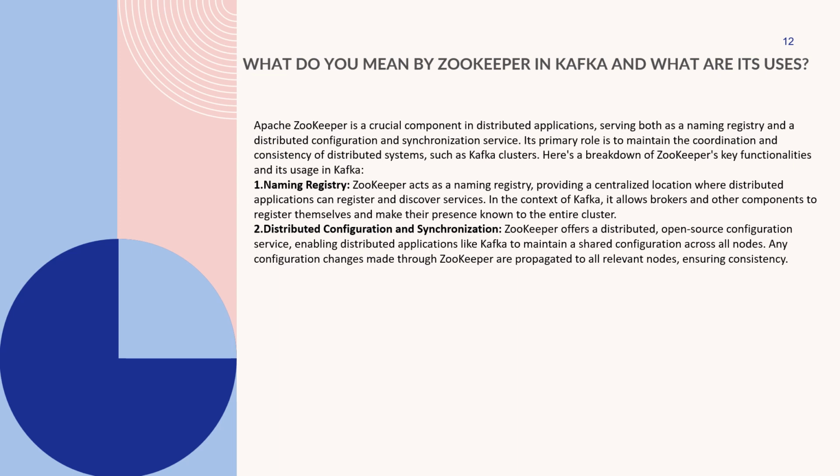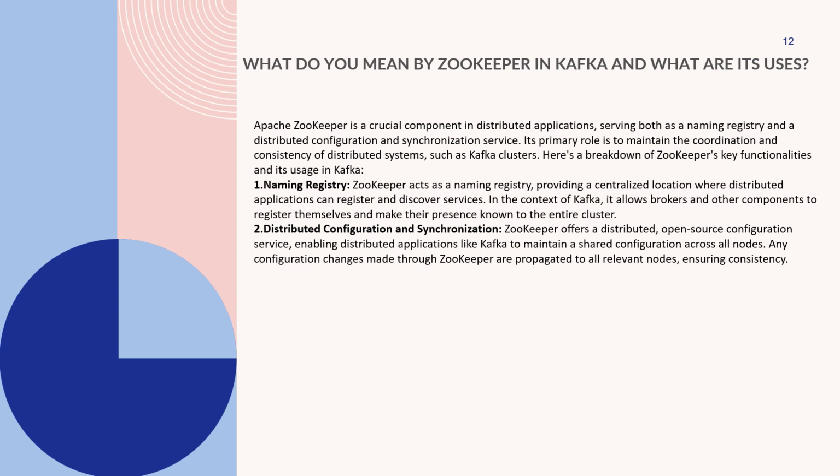Zookeeper acts as a naming registry, providing a centralized location where distributed applications can register and discover services. In the context of Kafka, it allows brokers and other components to register themselves and make their presence known to the entire cluster.